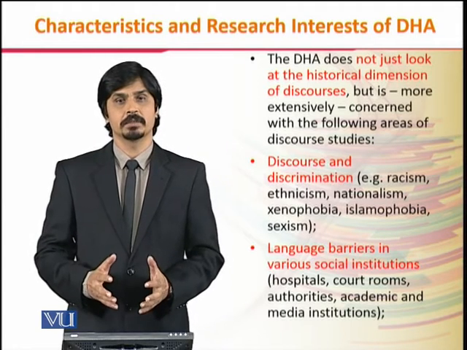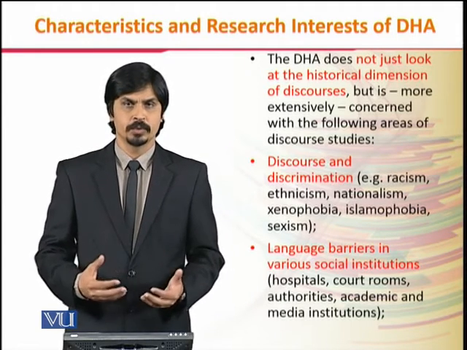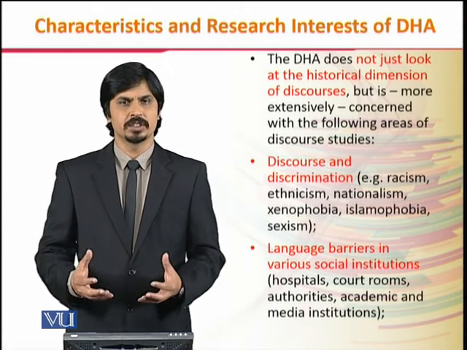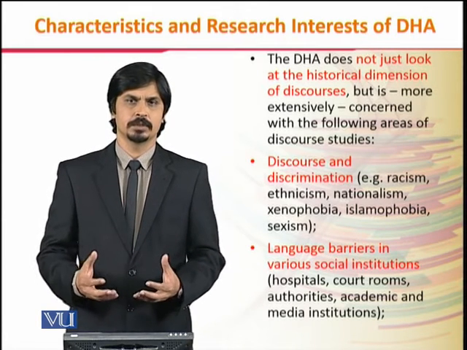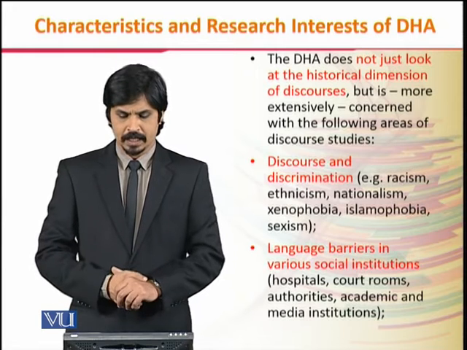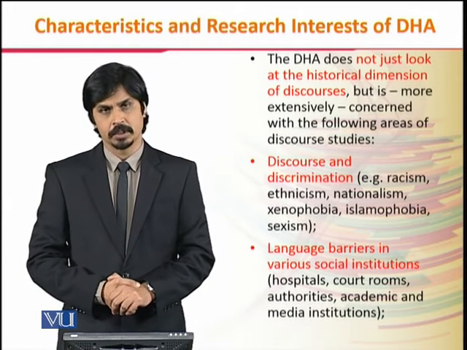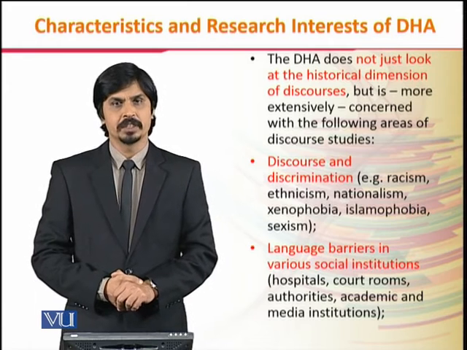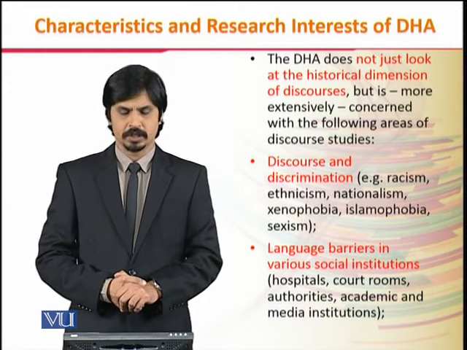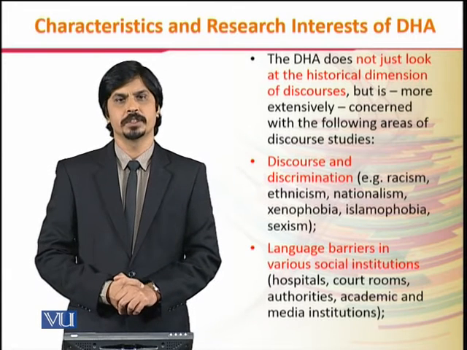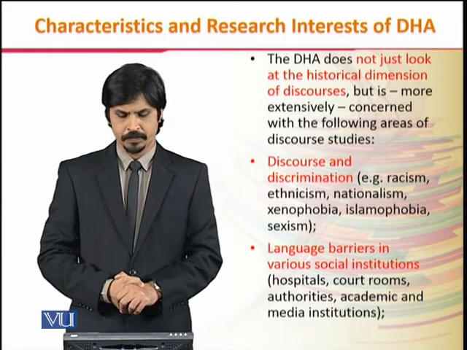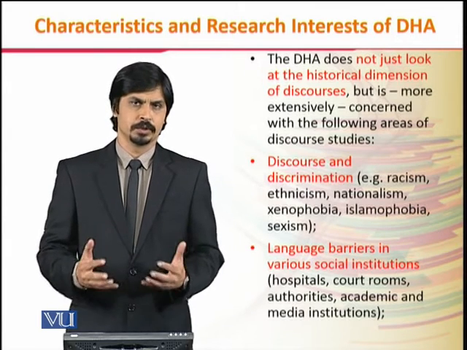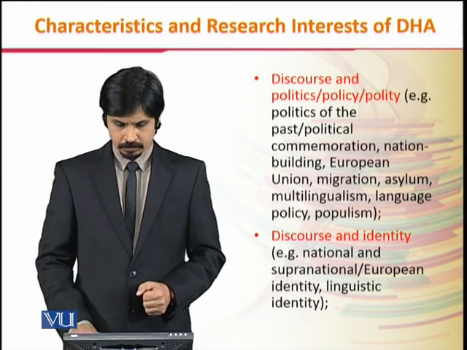These days, the discourses about Islamophobia are very popular based on the events that occurred in the last 2 or 3 decades. And then about sexism, it's also very popular. Language barriers in various institutional discourses, for example, hospitals, courtrooms, classrooms, academic and media institutions. So all kinds of institutions may be included.